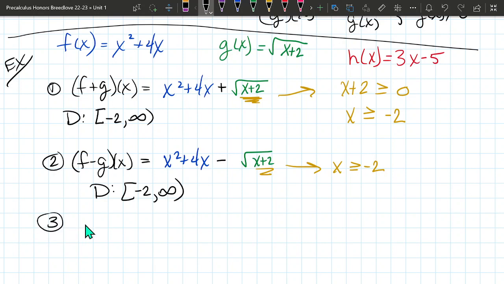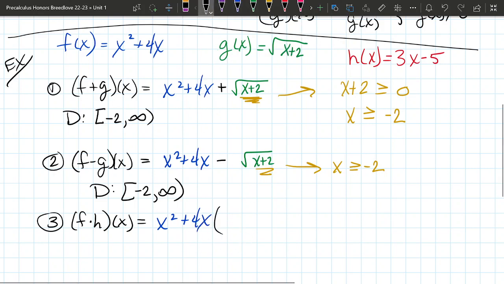So number 3 is f times h of x. So we start with f, which is x squared plus 4x. But this time we're multiplying it by the h function, which is 3x minus 5.